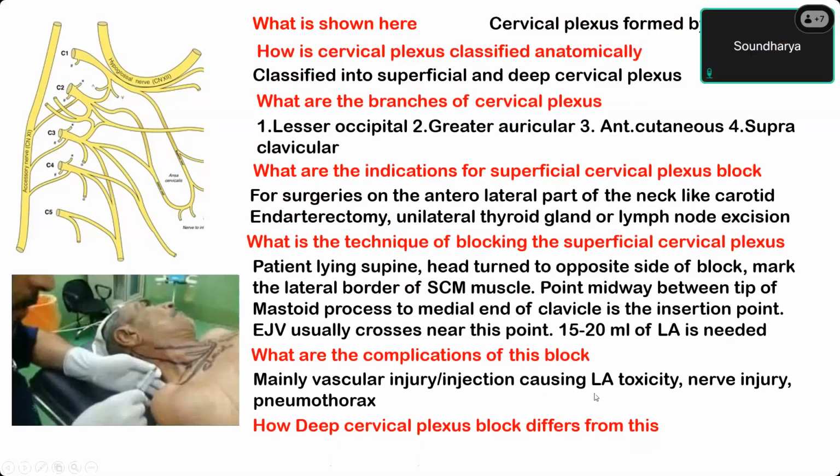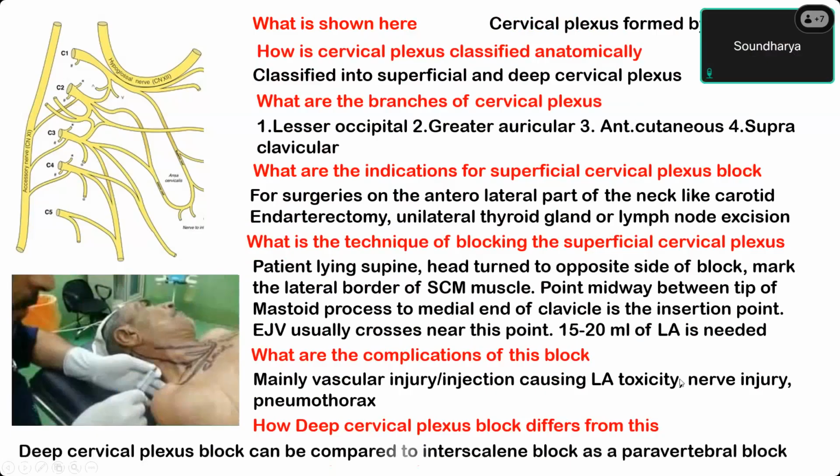From C6, it can be compared to interscalene block or a paravertebral block, because you give it very close to the transverse process of the vertebra. So it is much deeper compared to the superficial. So it can be almost like an interscalene or a paravertebral block.